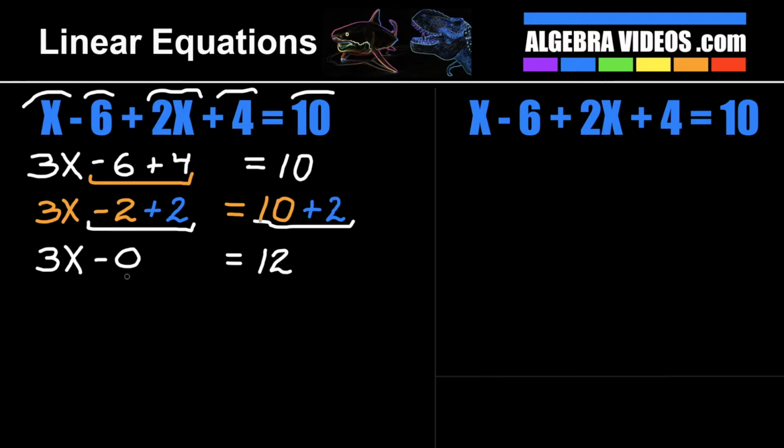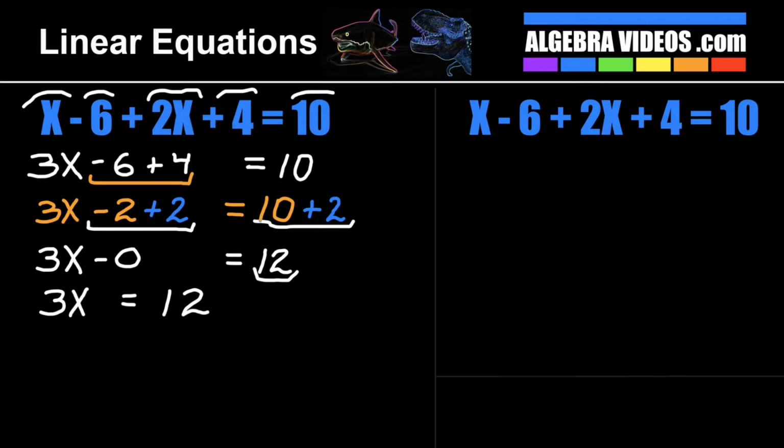And now 3x minus 0, we can just rewrite that as 3x, right? We don't really need to say minus 0. So we can just change that to 3x. And that equals, on the right side, I'm just going to bring down this 12. No change. Wow, our problem is getting shorter and shorter and shorter. That's what we like.